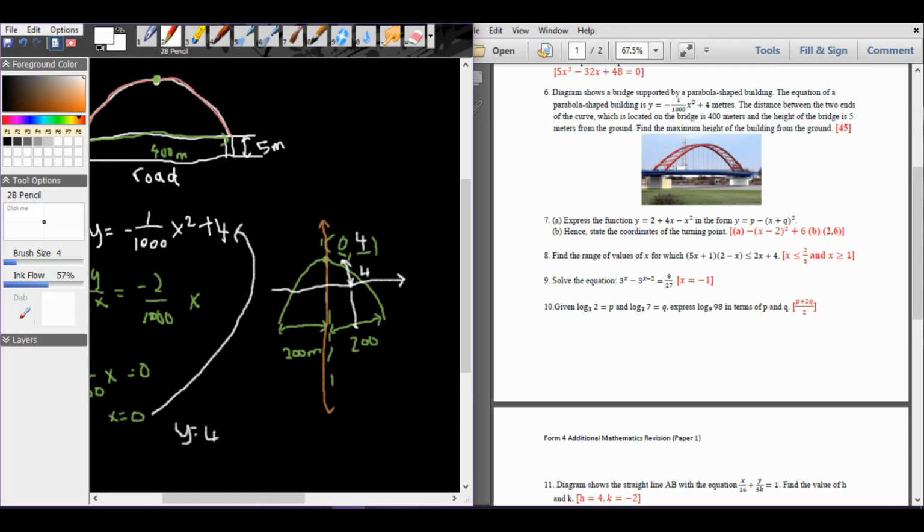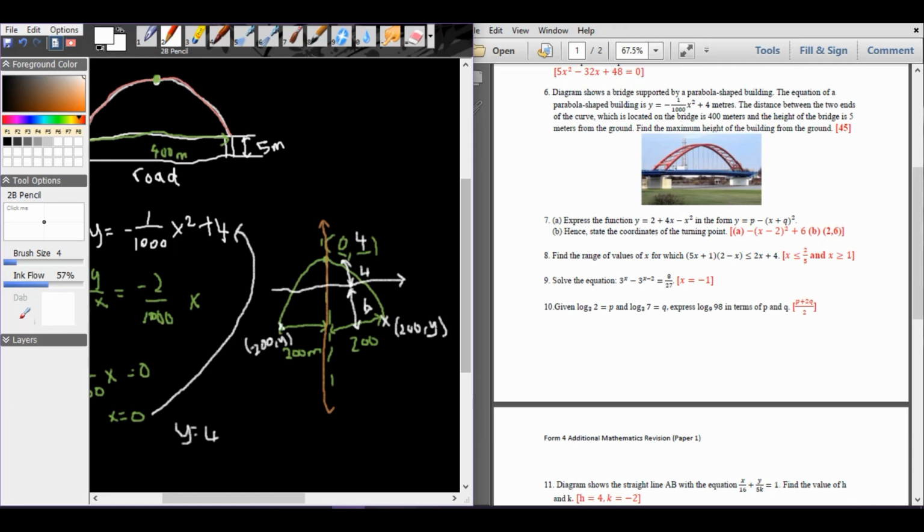Then now we have to find the height of this, b. To find this height, we have to find the y-coordinate of this point. For this point, the coordinate will be, because it's 200, so (200, y). You also can find this point, which is (negative 200, y).